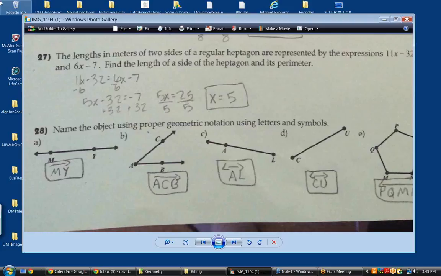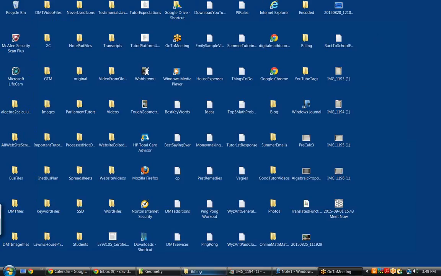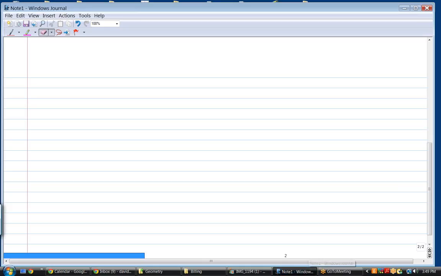Reasoning and proof. This might be the hardest chapter to tutor of any in math that I've come across. I'm not sure why. Maybe it's just me.